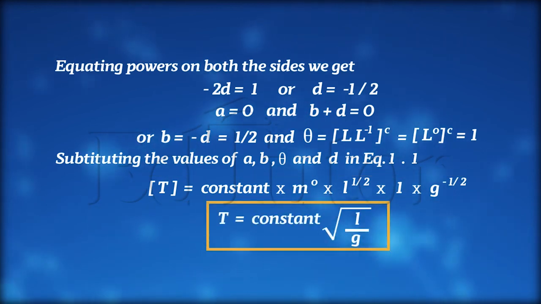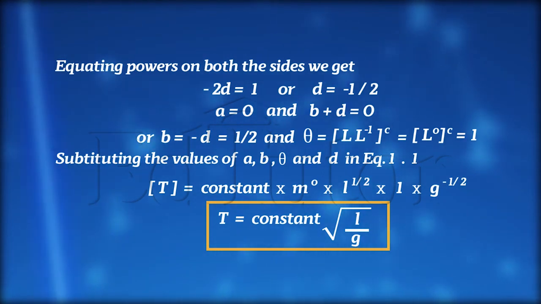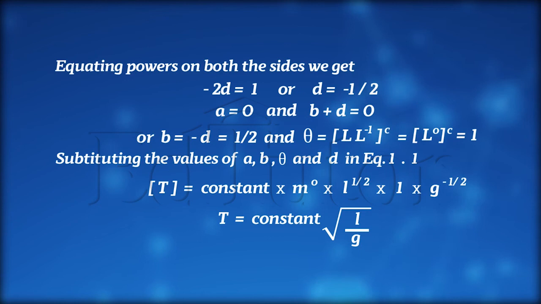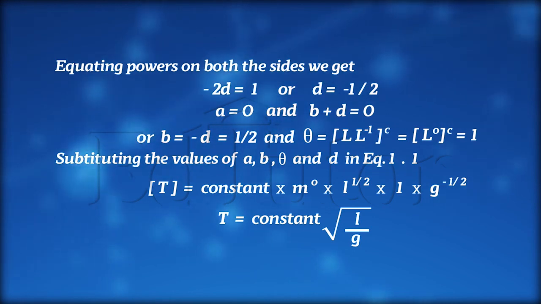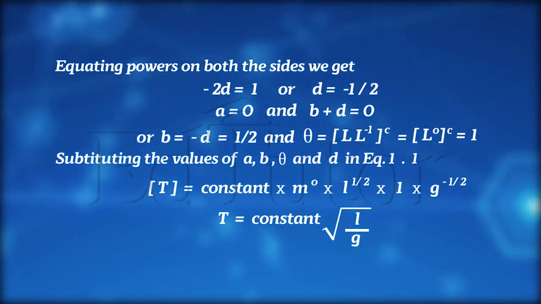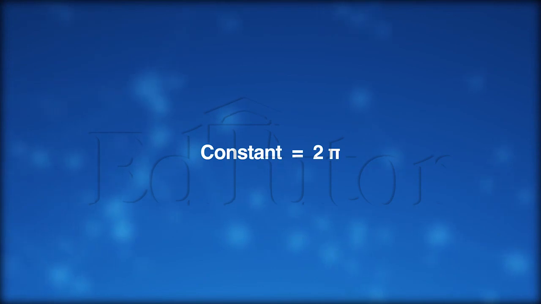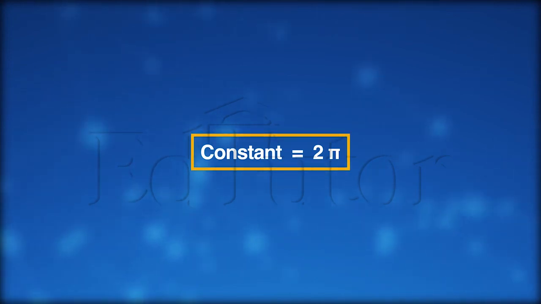In short, the time period of a simple pendulum is constant times square root of L over g. Now, the constant in this equation cannot be determined by dimensional analysis. However, we can find it using experiments. And for your information, the constant is actually 2 pi.